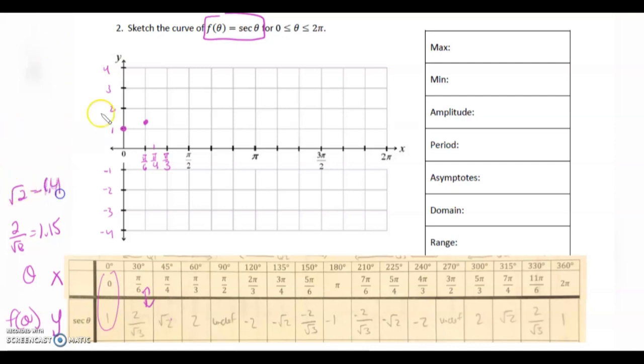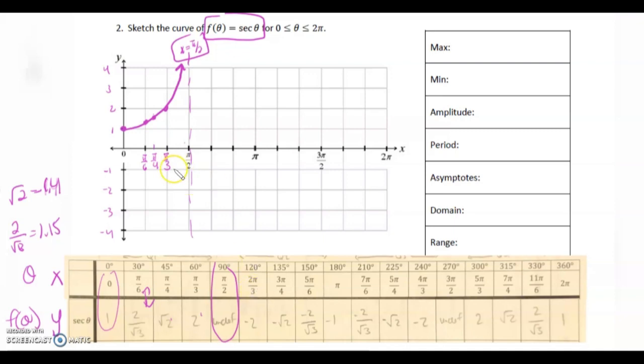Here we go, 1.4. Okay, so that's 1.4, a little bit higher. And then we have 2. Okay, and then at pi by 2, we have the vertical asymptote. So this is going to be x equals pi by 2. So this is going to be drawn approaching pi by 2, and it's going to approach infinity.